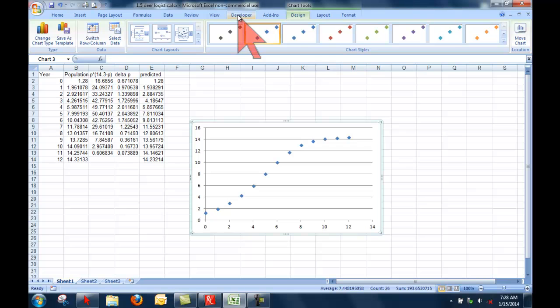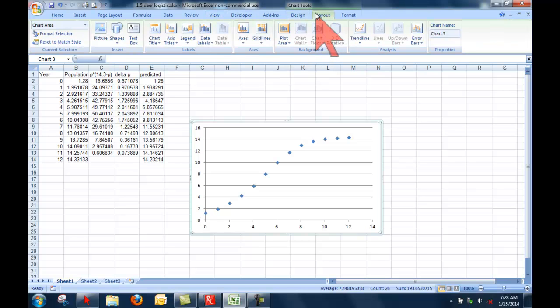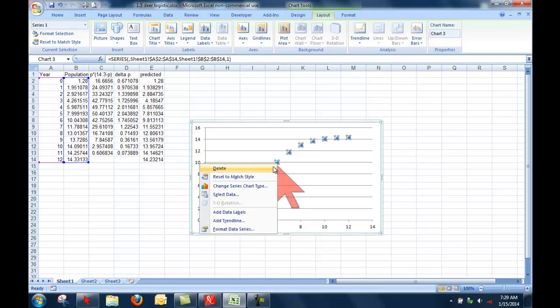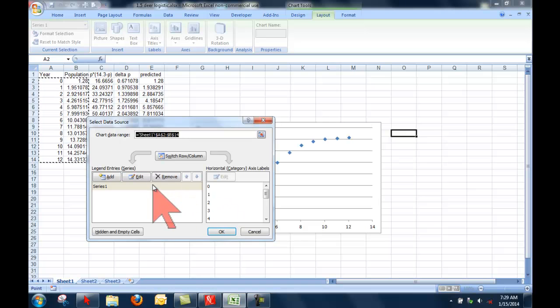I'm on Office 2010. If you're on 2013, things will look a little differently. If I can figure out at the end how to add titles, I'll come back. I want to add a set of data to this. So let's go ahead, and I clicked on a data point, selected data.